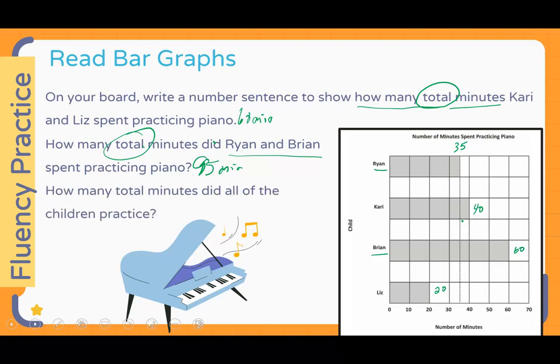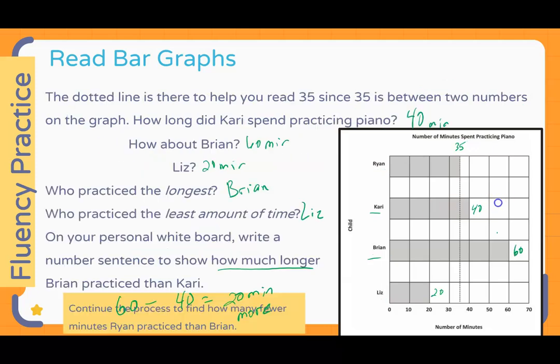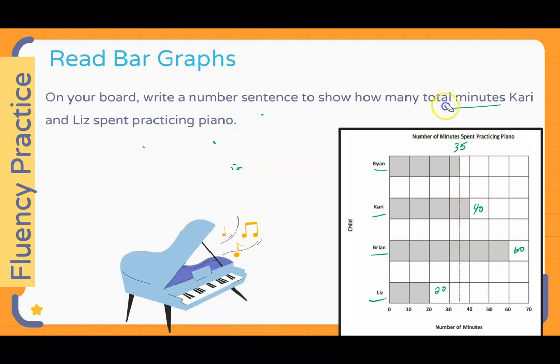Next, how many total minutes did all of the children practice? So they want to know how many all of them practiced. So, let's see, I'm going to erase here so I have more room. So we can add them all together. Well, I'm going to kind of use my mental math, okay? So I know 40 and 60 is 100. Okay.